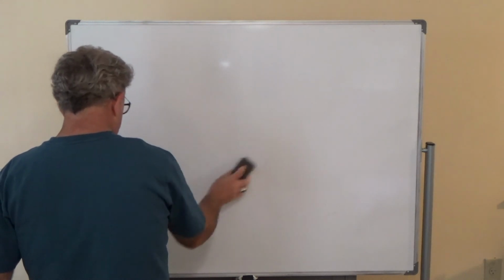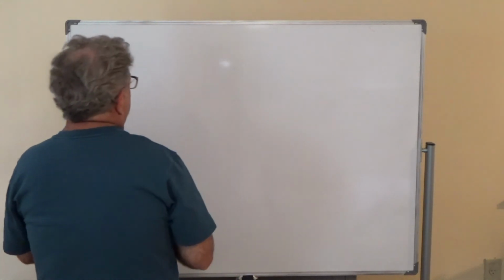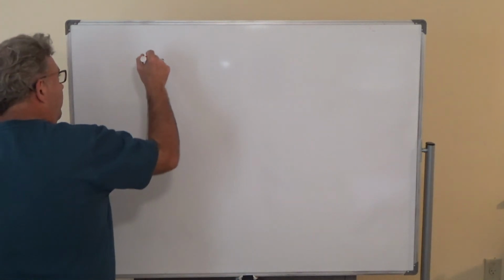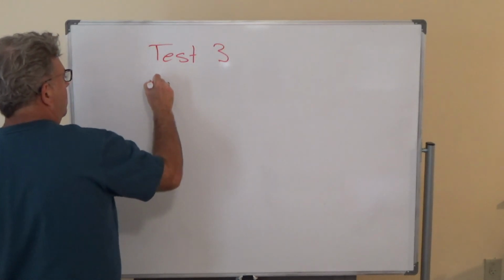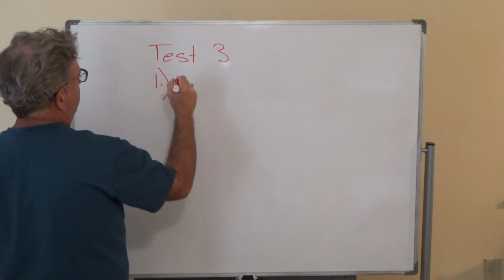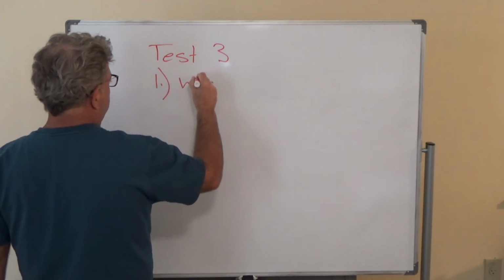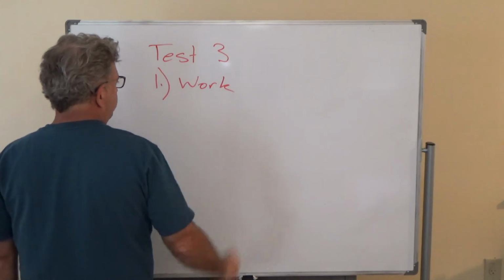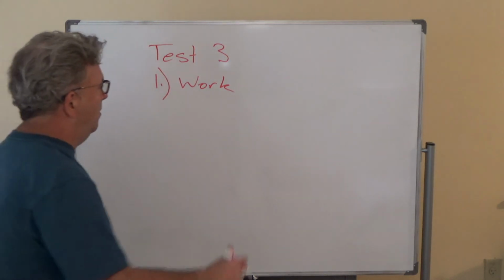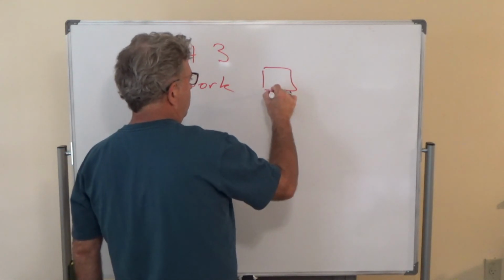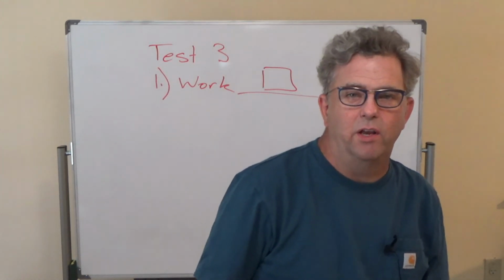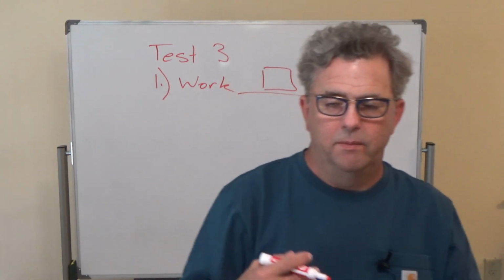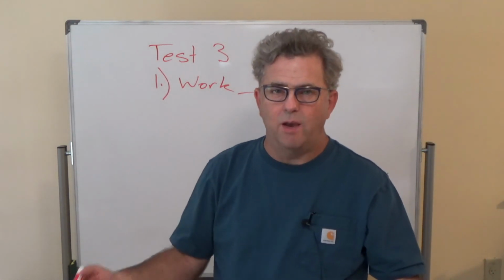But anyway, number 1, so this is test 3. Number 1, work. A box on a flat surface, some forces are acting on it. What's the work done by different forces? What's the net work?